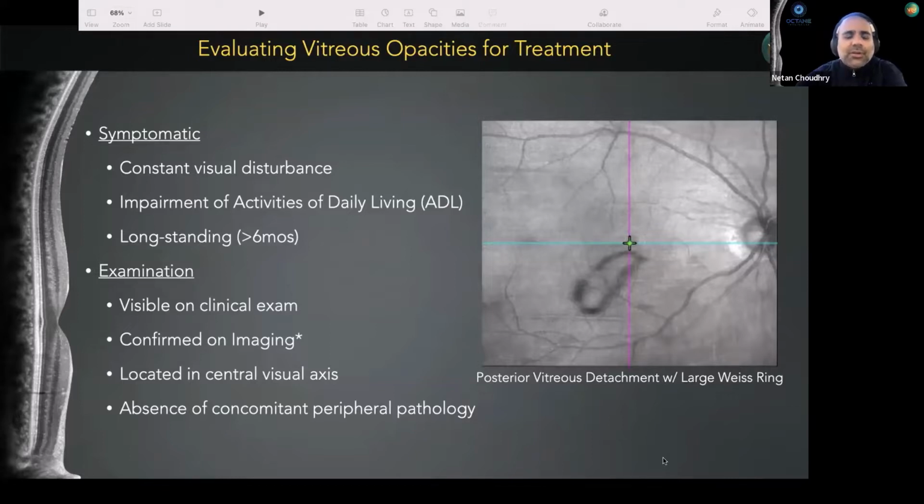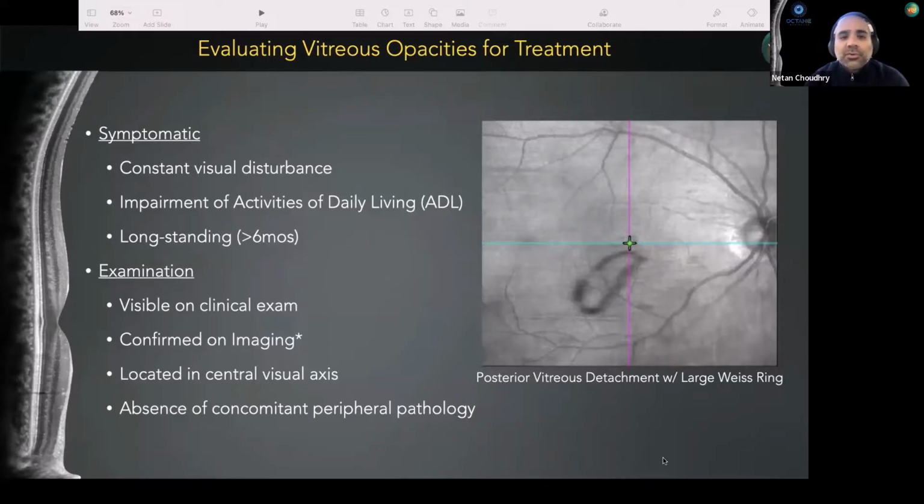And then examination, obviously, from my perspective, it does need to be visible on clinical examination. If I can't see it, I can't treat it. I do like to use imaging, and we'll talk about what that looks like for us. So confirmed on imaging, it should be located in the central visual axis, or at least make its way to the central visual axis. I do use Paul's Volk lens for examining the vitreous and treating patients, which is excellent.